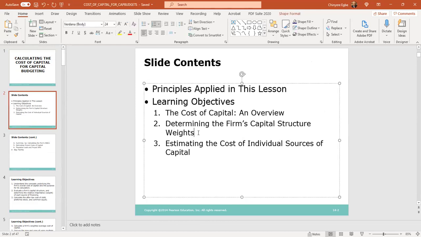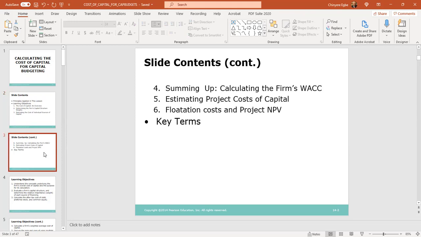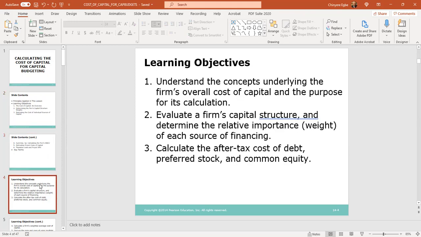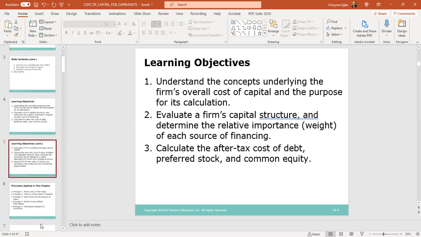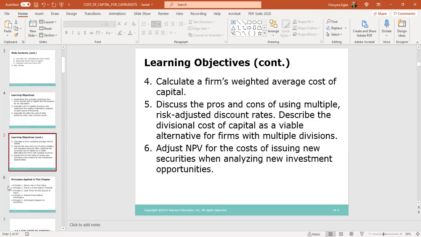We're going to learn about the firm's capital structure, and then estimate the cost of the individual sources of capital. All right. And then, of course, we're going to apply this to a capital budgeting problem, or at least explain how it's applied to capital budgeting problems.